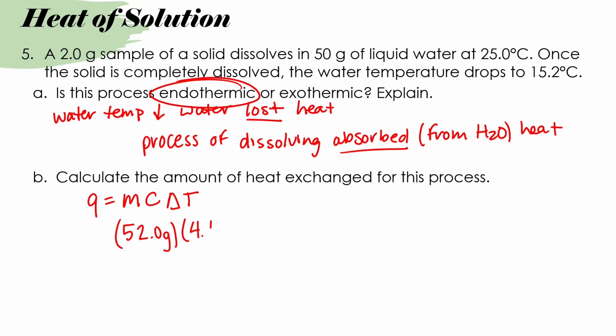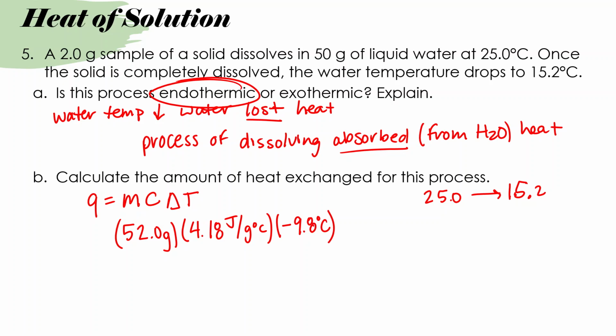We're going to use the same specific heat as we would for water. And my temperature change here, we're starting at 25 and going down to 15.2, so my temperature went down by negative 9.8 degrees Celsius.